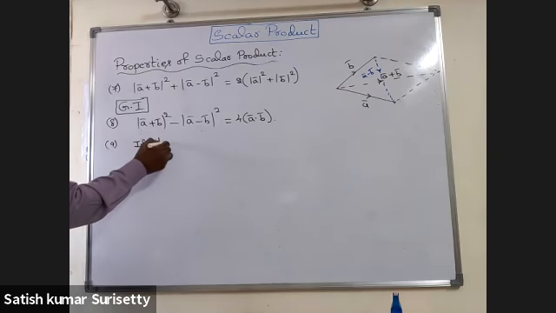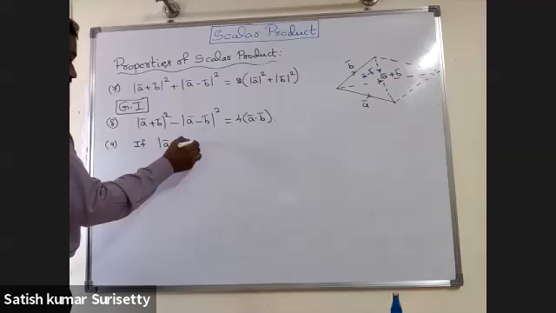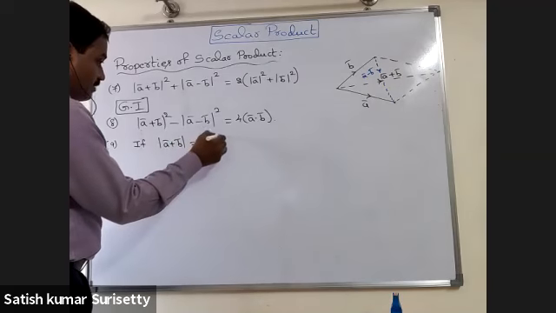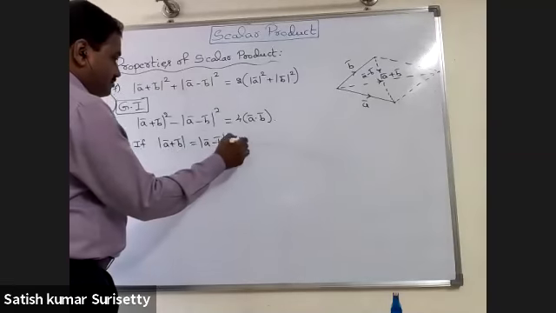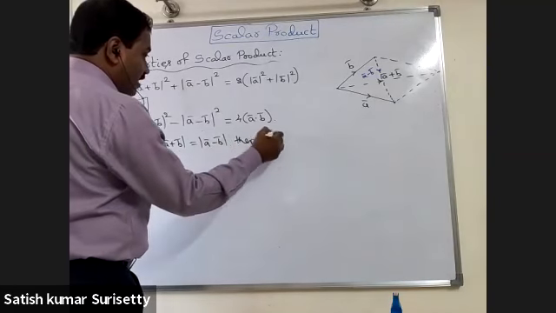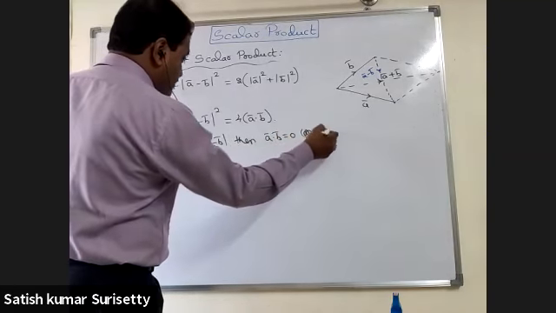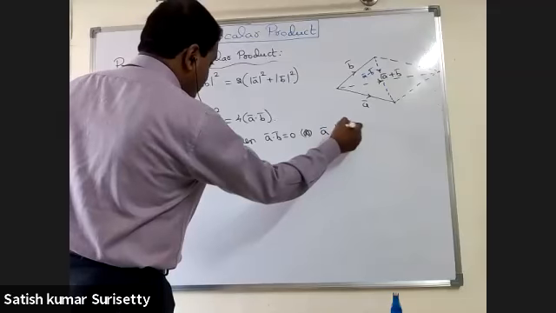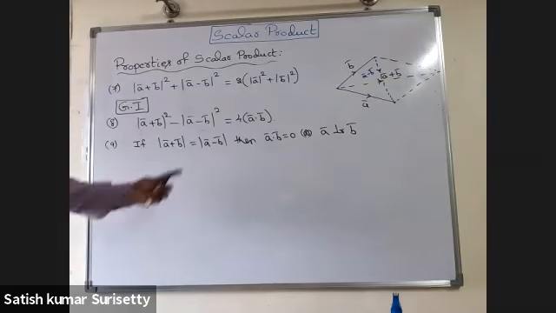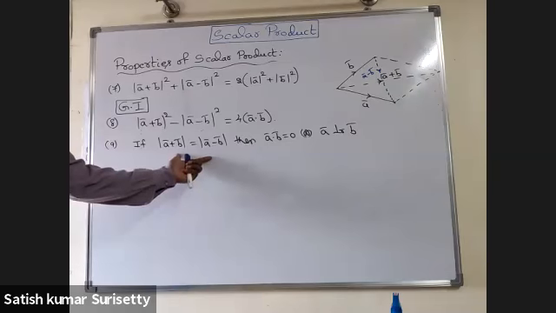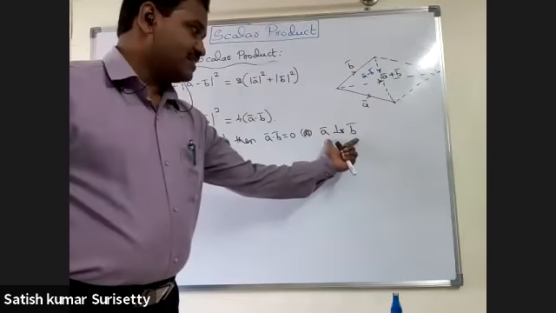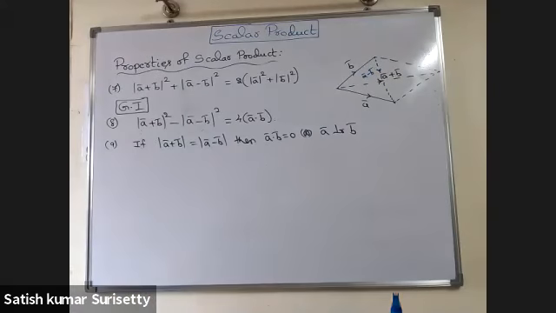If modulus of a bar plus b bar equals modulus of a bar minus b bar, then from the above, a bar dot b bar equals 0, or you can say a bar is perpendicular to b bar. That is, if the diagonal lengths are equal in a parallelogram, then that parallelogram must be a rectangle. Then the adjacent sides will be perpendicular.